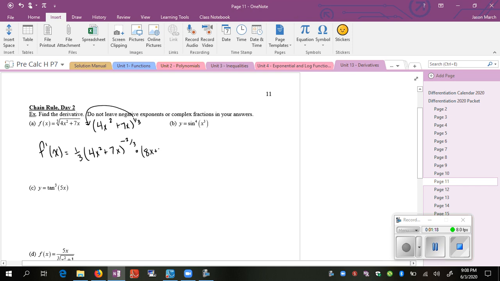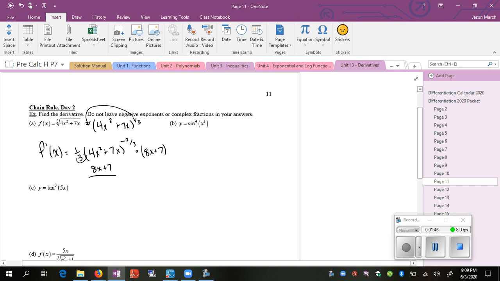So if I wanted to rewrite this so that it didn't have negative exponents, and for that matter, I'll also write it so that it doesn't have fractional exponents, I could rewrite this so that the 8x plus 7 is in the numerator because that's the positive exponent term, right? It has an exponent 1, so it's 8x plus 7 over the denominator is going to have a 3 for that coefficient right there, right?